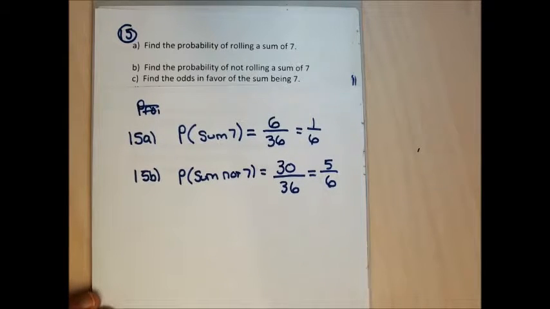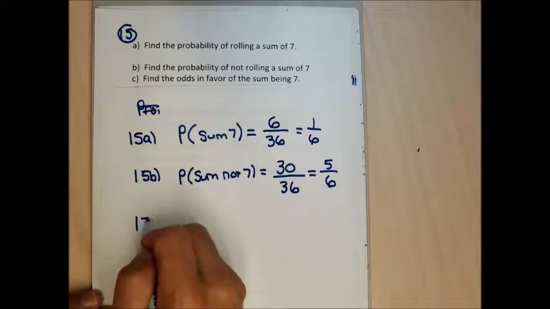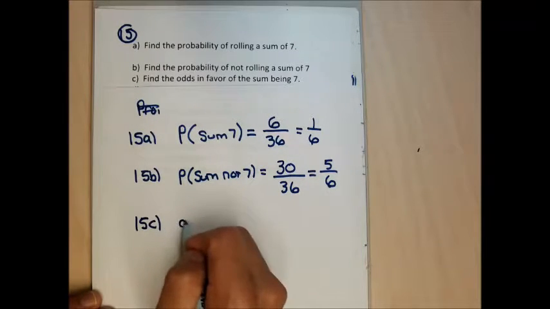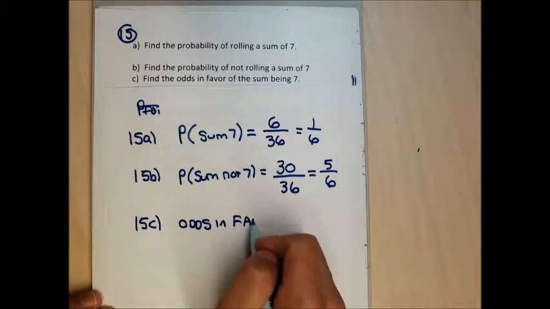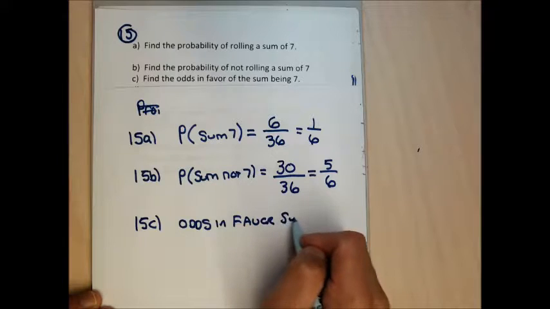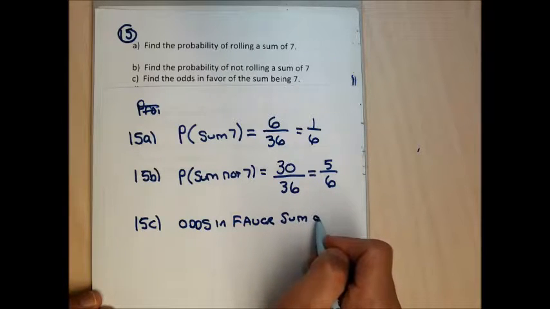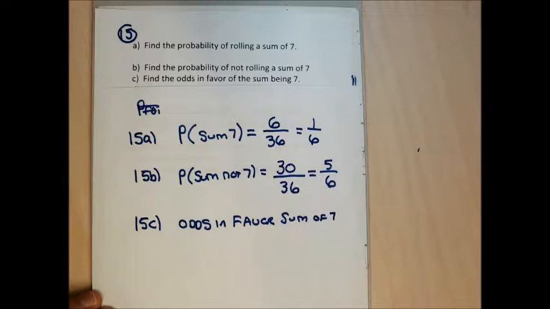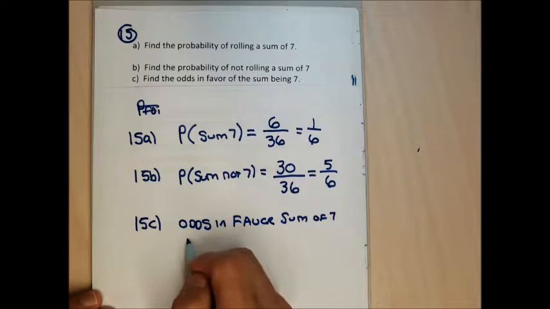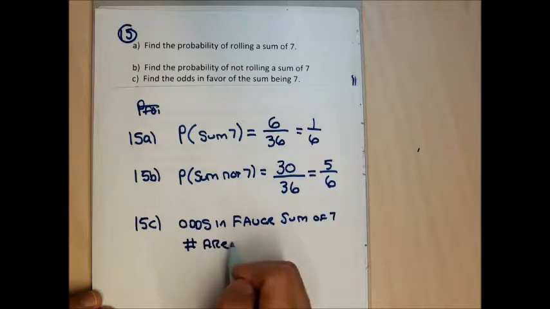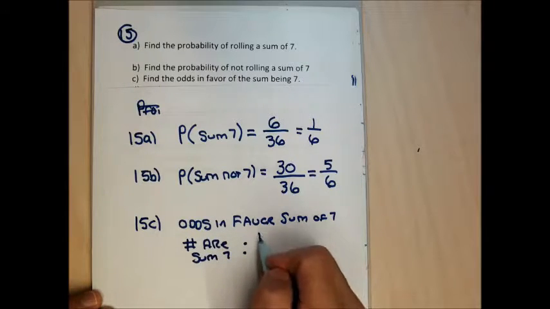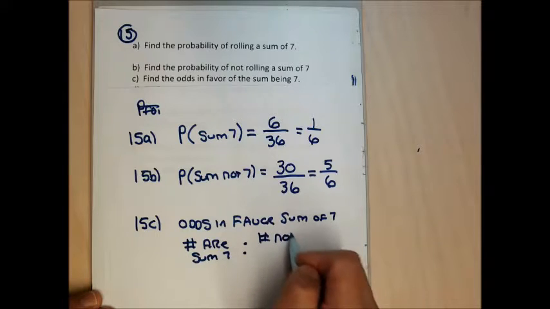Now on to some odds. 15C, I want the odds in favor of the sum being a 7. So that means I need to separate the number in the sample space that are a sum of 7 to the number that are not a sum of 7.